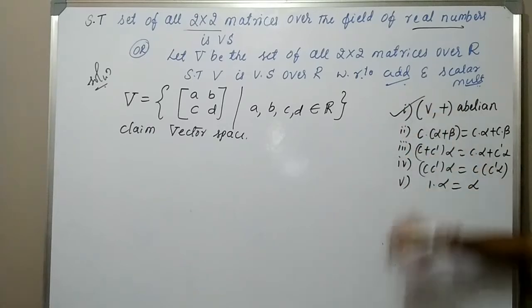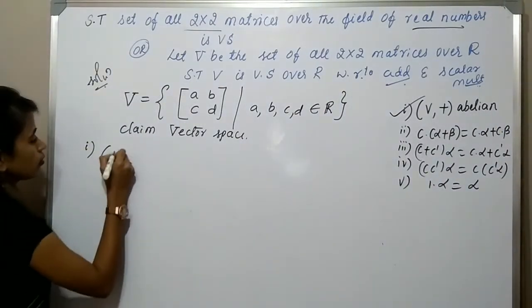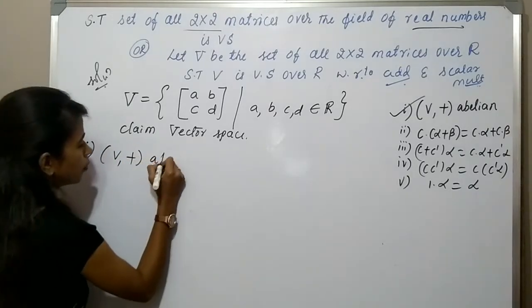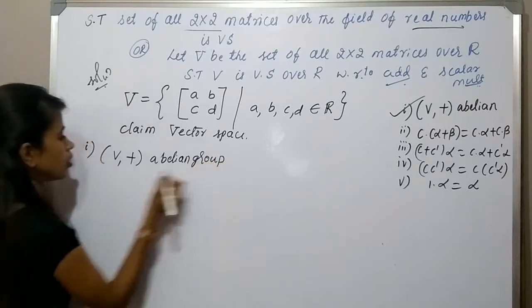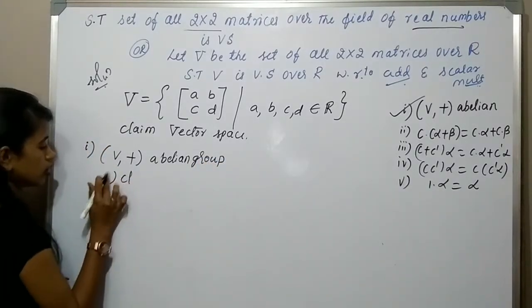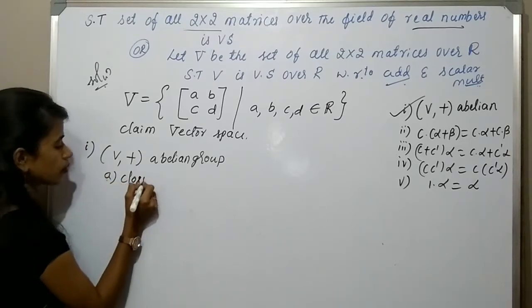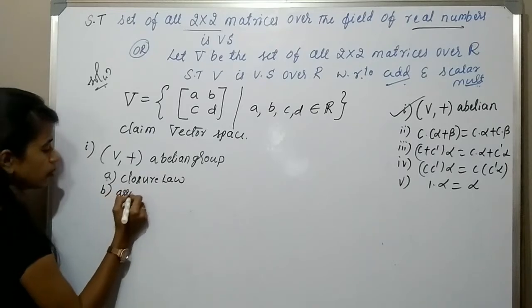So these 5 conditions we have to show. Let's begin with the first condition: V comma plus must be an abelian group. To be an abelian group, what are the axioms? A, closure. B, associative.